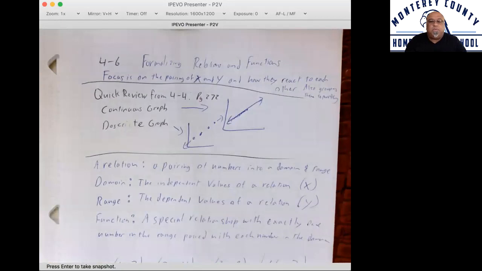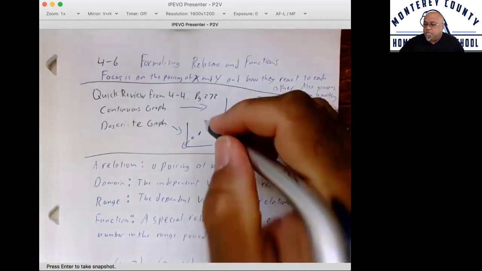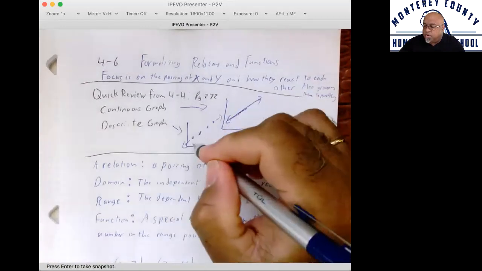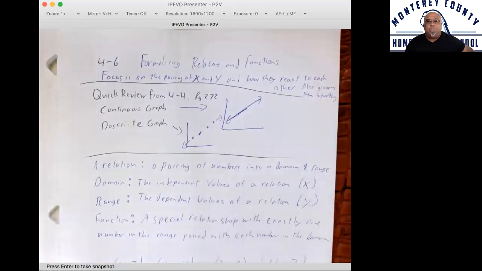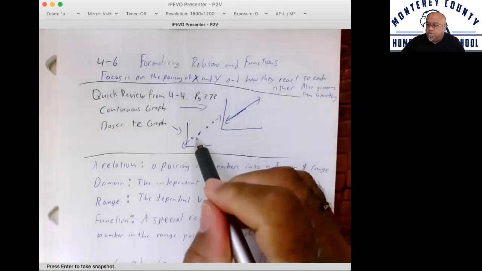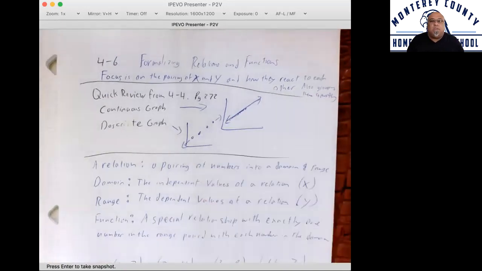Now, generally speaking, with graphs, the points are considered discrete even if you draw a line to connect them. Okay. And generally speaking, on a graph, if you have points in between the points, then they're usually considered what we would call a fraction.